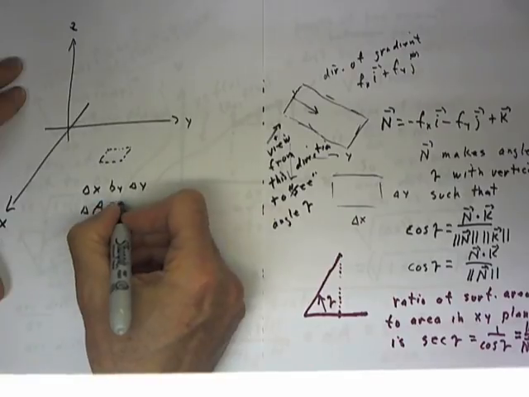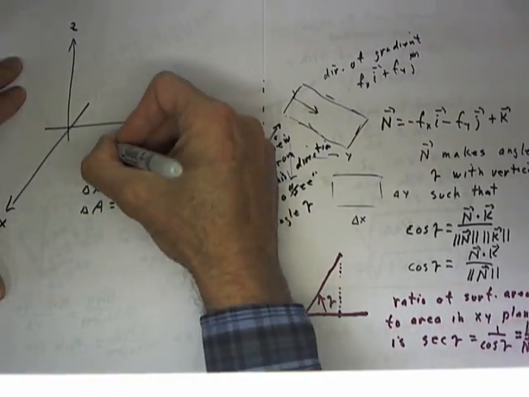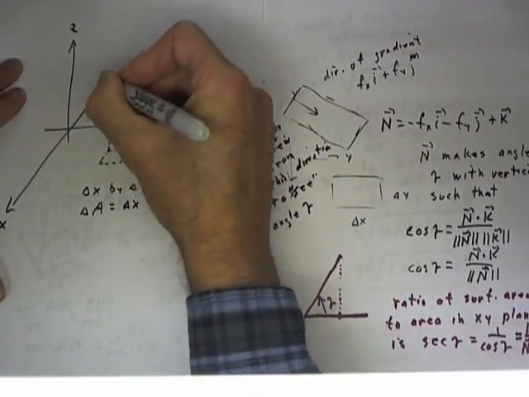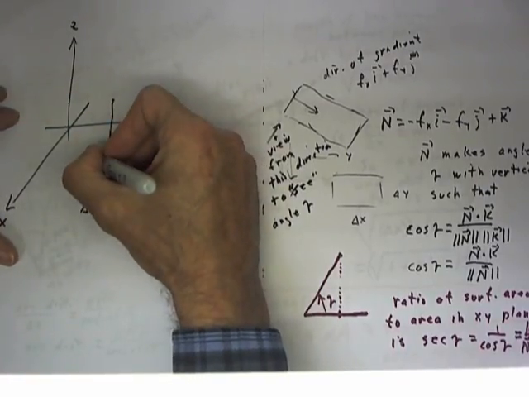Area increment delta X times delta Y. Now, if we regard this as our point, we can come up here to get our point XY, f of XY.